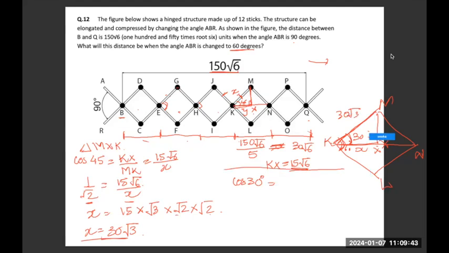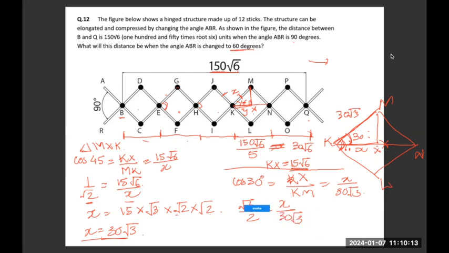Cos 30 in this triangle, again KXM, will be equal to KX upon KM. KX value is x, KM value is 30 root 3. Cos 30 value is root 3 by 2, which is equal to x upon 30 root 3.